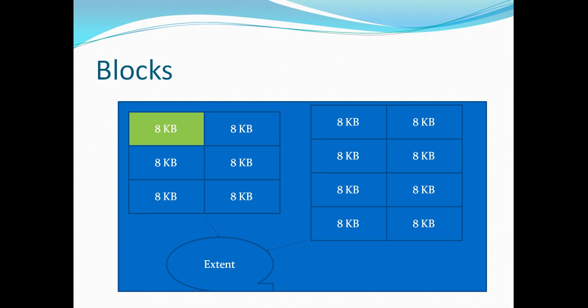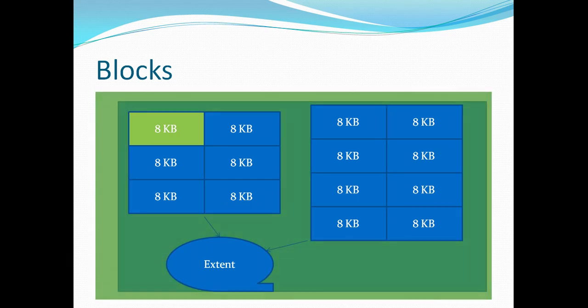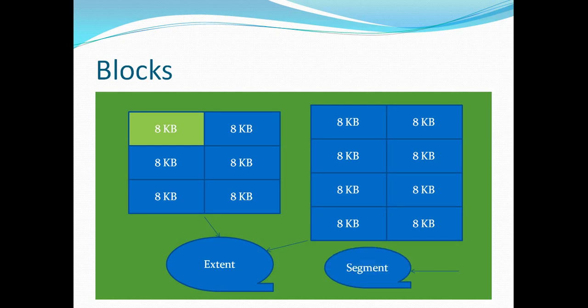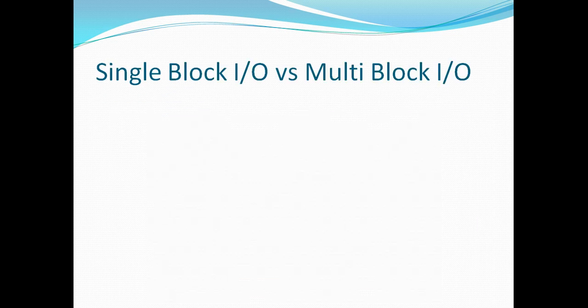In this diagram, these 2 extents together form a segment, the green area. I hope it's clear now: a block is the most fundamental unit, certain blocks together form an extent, and multiple extents together performing a function are known as a segment. I'm repeating this because it is vital, and as we move forward we will mention them again and again. So let's move to our next topic, which is single block IO versus multiple block IO.